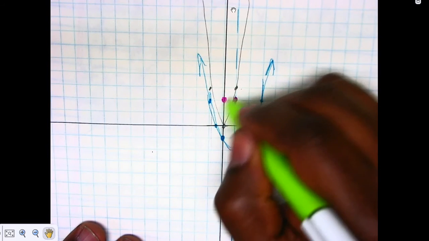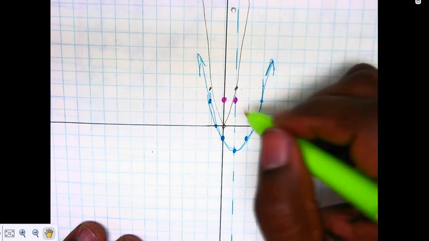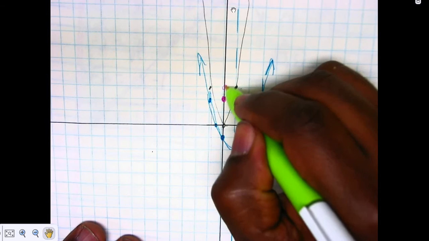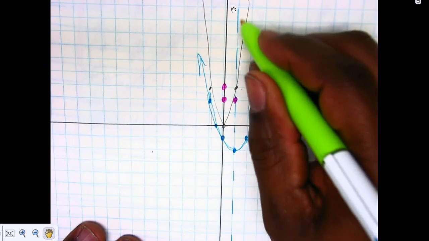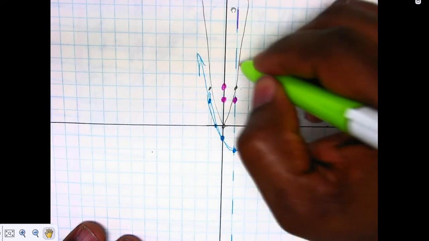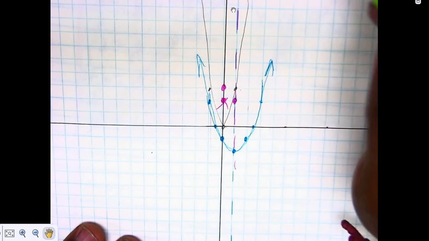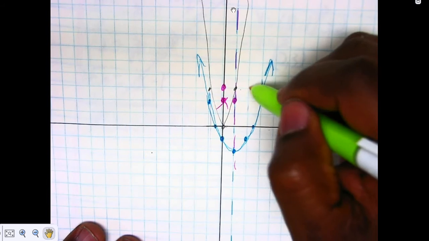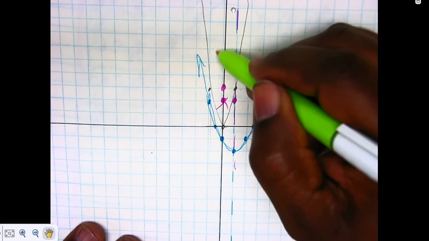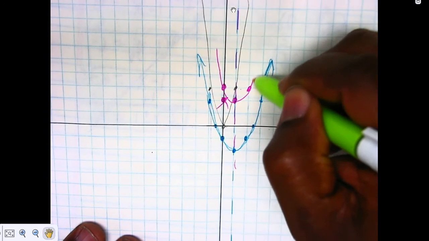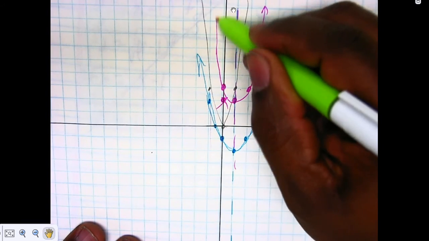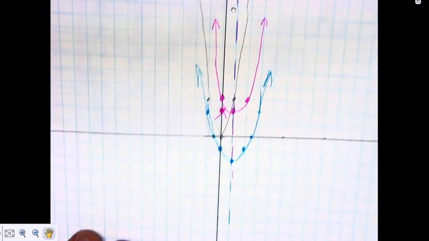This point doesn't really exist. Sorry. The y-intercept is actually 0, 3. The axis of symmetry is this same line, actually. Forget that. Since it's symmetrical, this point right here also exists. That's all I really have to show right now, that's what the graph looks like.